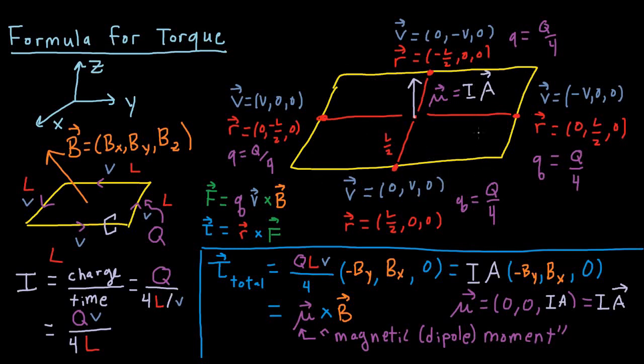Or to harken back to the electron language, if you think of this whole thing as some sort of model for an electron, mu is the direction along which the electron is spinning. Or maybe opposite the direction. Anyway, you get the idea. The reason I said that is because the charge of the electron is negative, so it actually might be the negative direction along which the electron is spinning, but it doesn't really matter. You get the general idea.